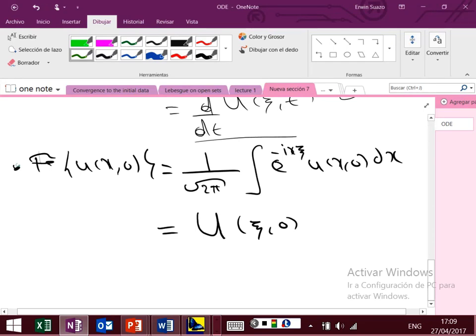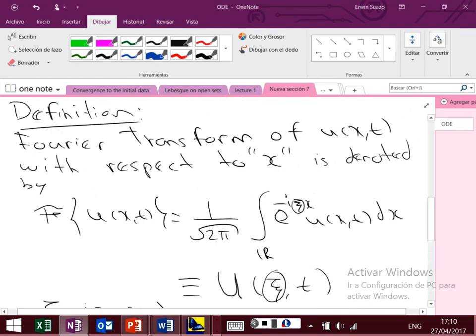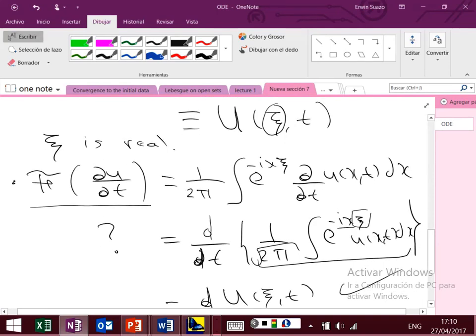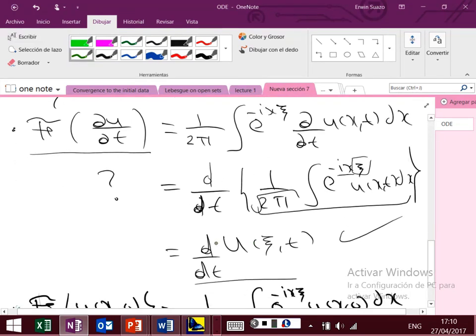Okay, so now notice also that if I have a second derivative with respect to time, that will be the same thing. I just have to go second derivative, and I just take it out over here.